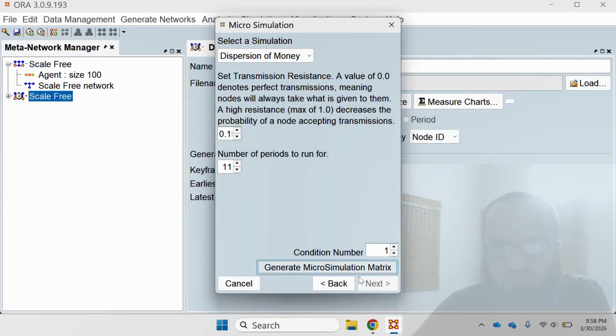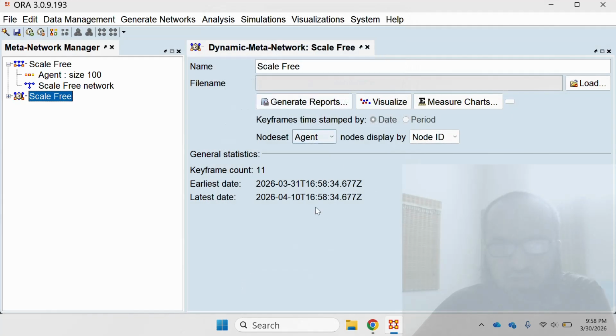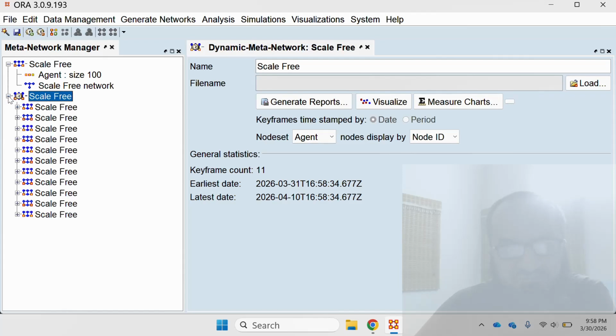As soon as I did it, I did not see anything in terms of visualization, but I see that another network has been created, a meta network. The icon of this meta network is different from the meta network we generally see, so it's a sort of dynamic meta network. Let's expand it.